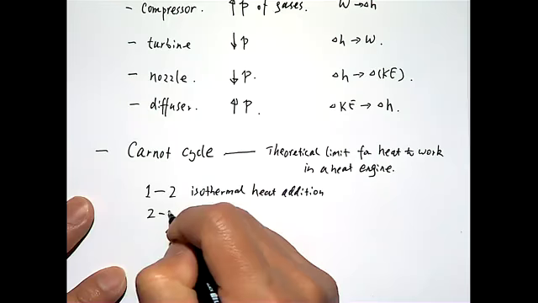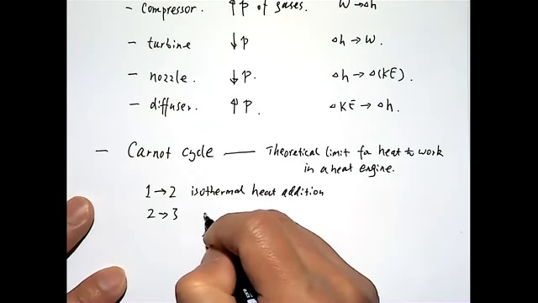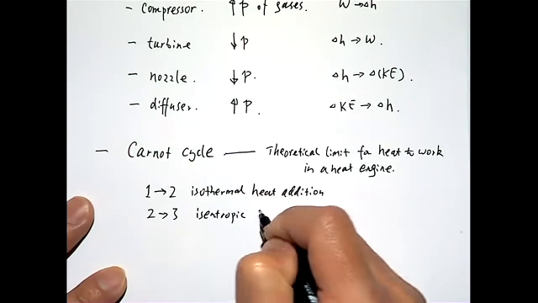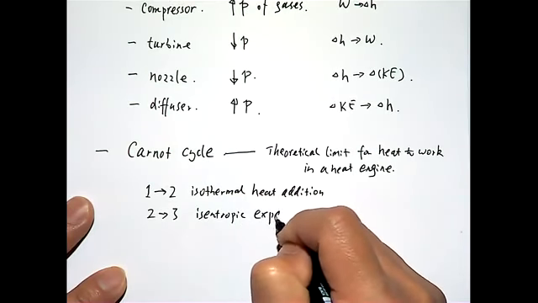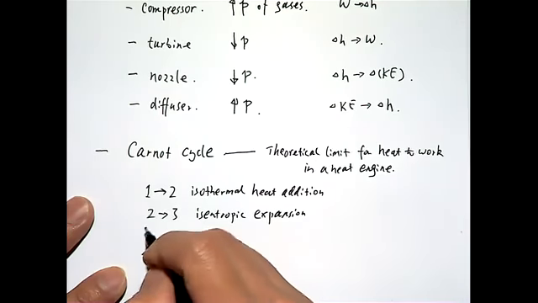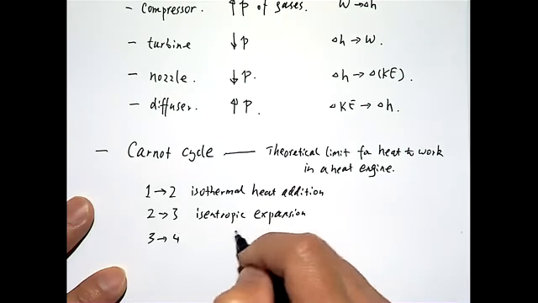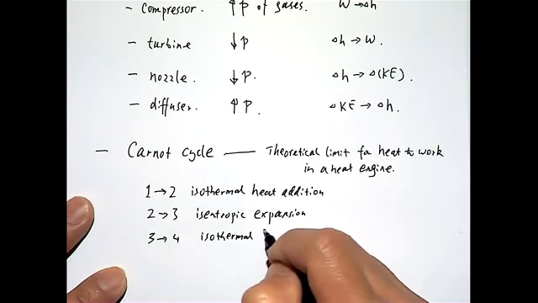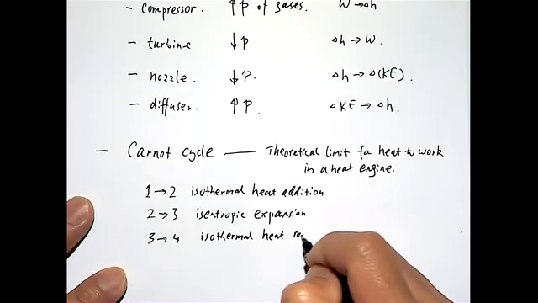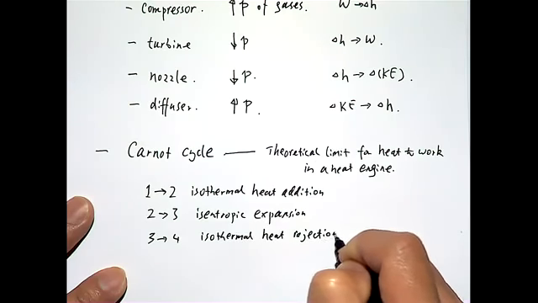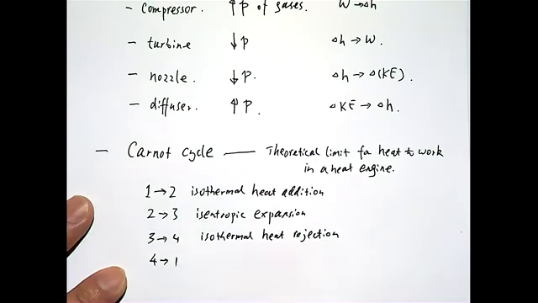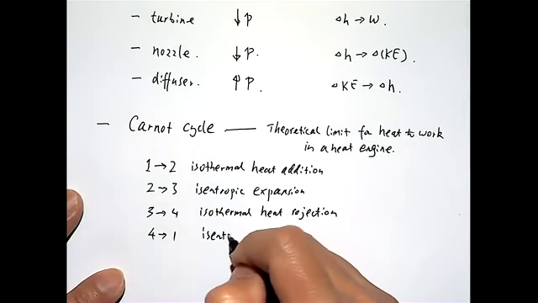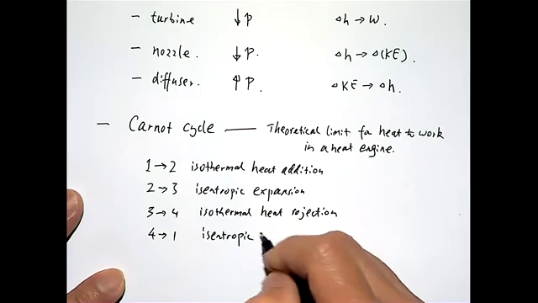Then the second step is isentropic expansion, and then isothermal heat rejection. And the last step is isentropic compression.